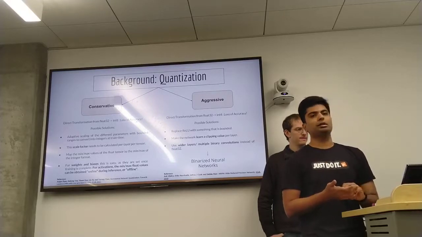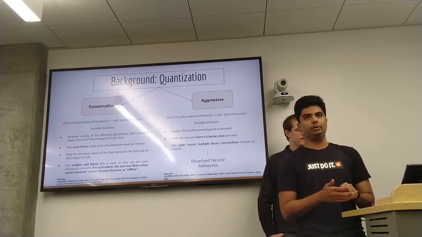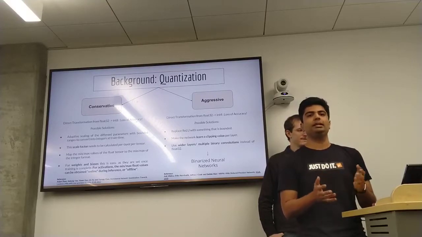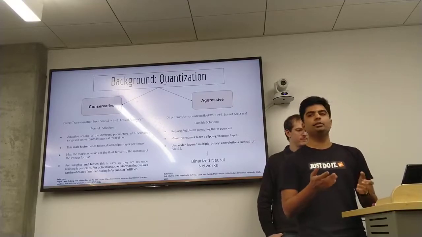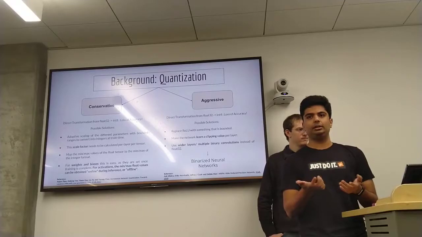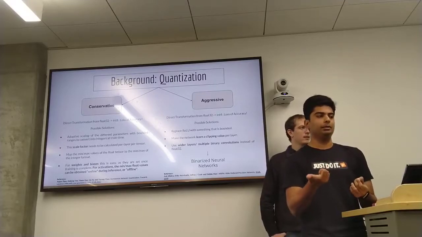Whenever we compute weights and activations in normal CNNs using any high-level programming language, we make use of float32 as a standard to represent the values.